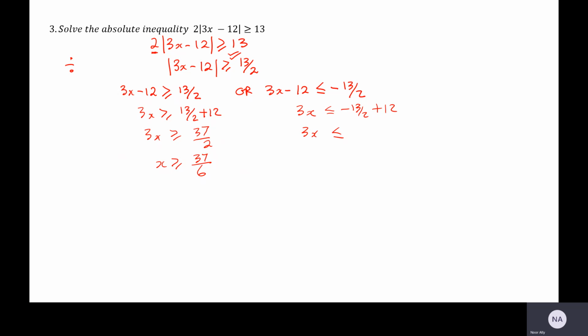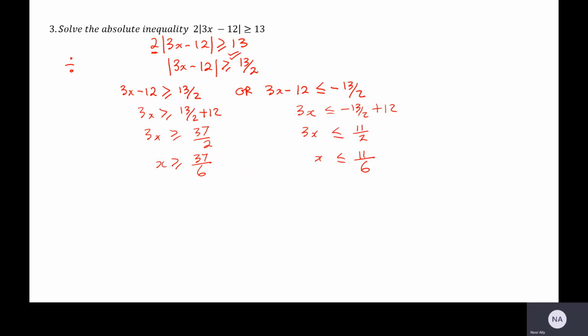Okay, getting back to that, that's minus 13 plus 24. Minus 13 plus 2 times 12, that's 24. That gives you 11 over 2. X is less than or equal to 11 divided by 6. And there is your two answers.